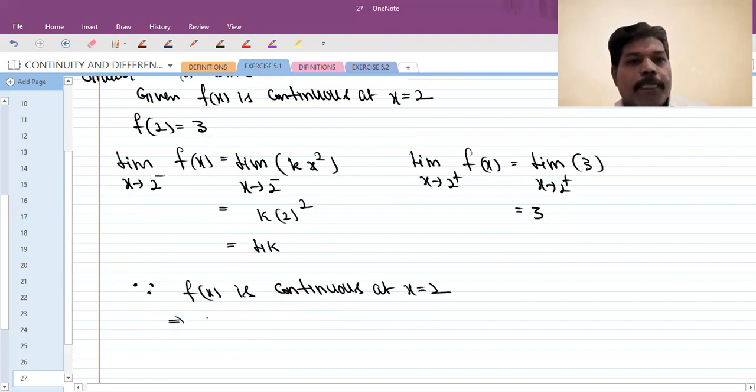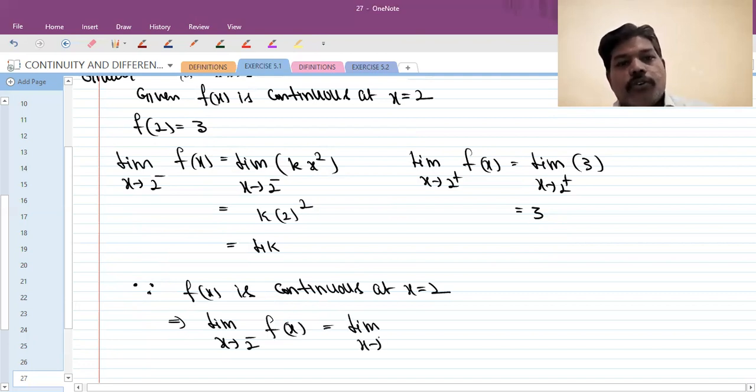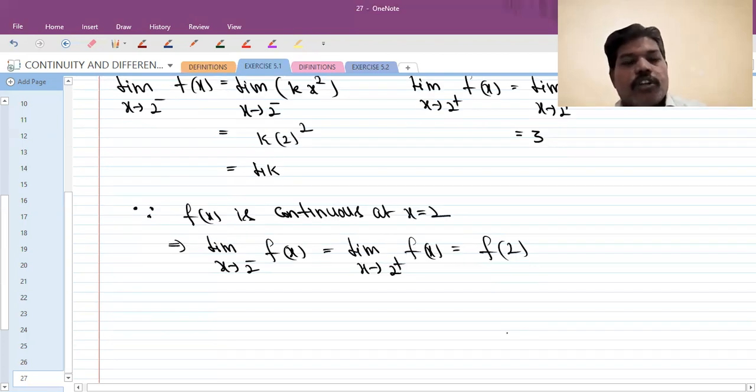That implies limit x tending to 2 minus f of x is equal to limit x tending to 2 plus f of x is equal to f of 2. This is by the definition of continuity.